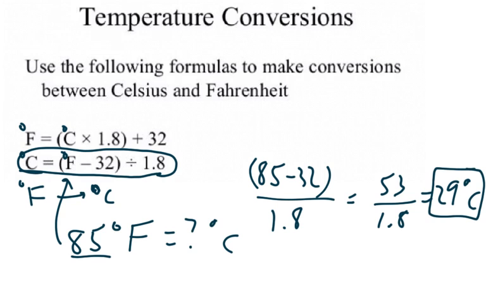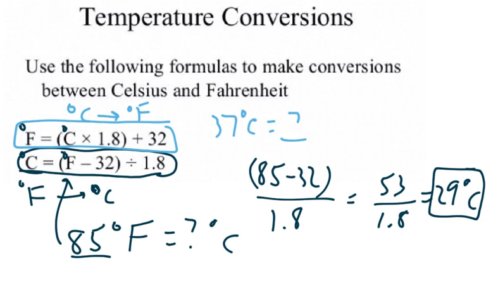Okay? So let's say we were going from, and we'll use a different color here, Celsius to Fahrenheit. You would use this equation over here. And let's say that we had something like 37 degrees Celsius, and we wanted to convert that into Fahrenheit.